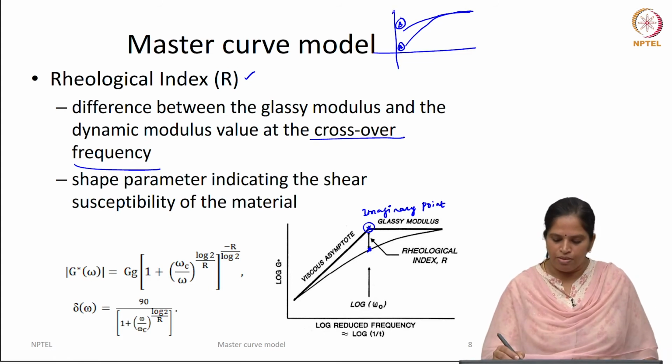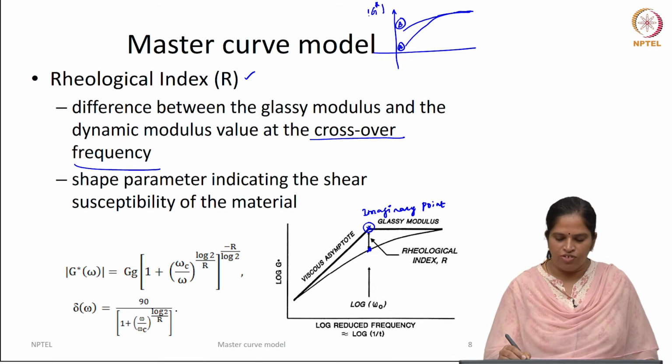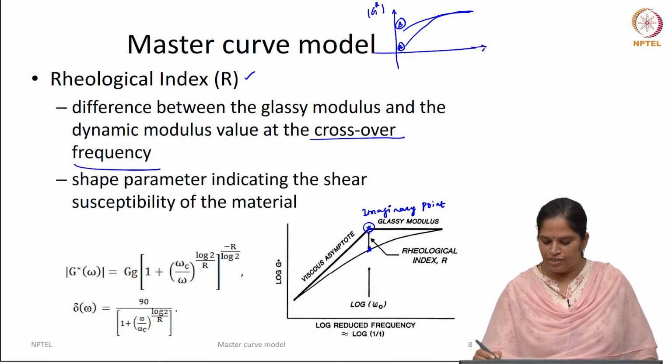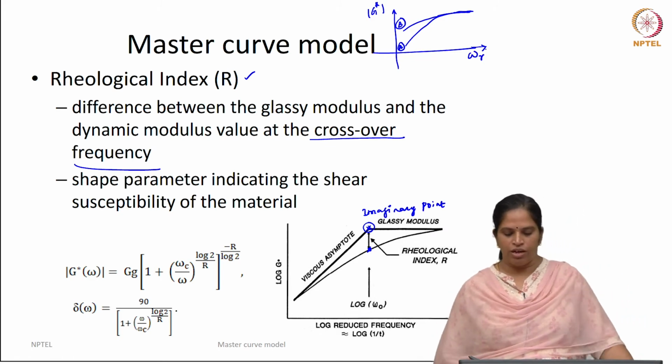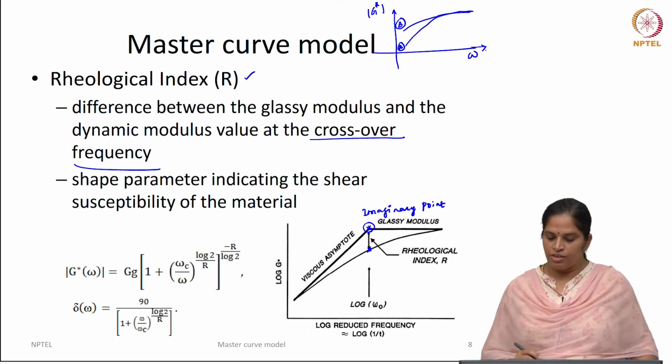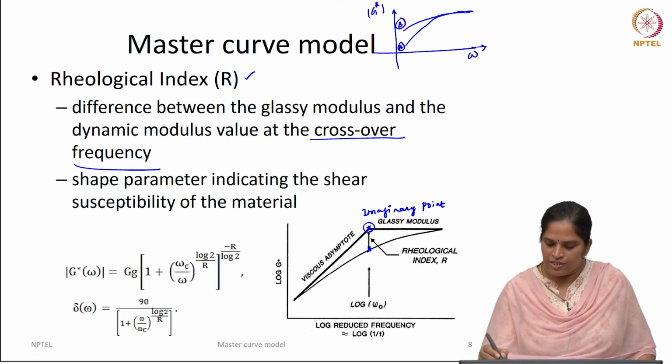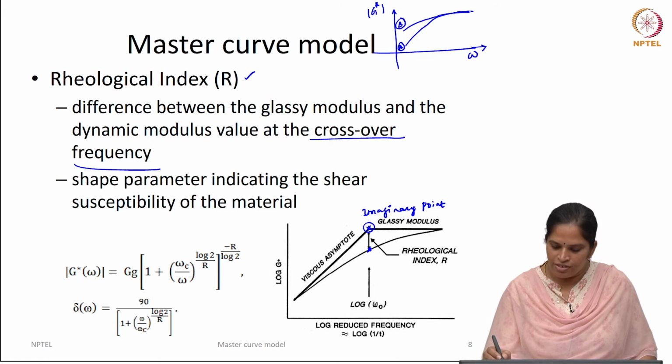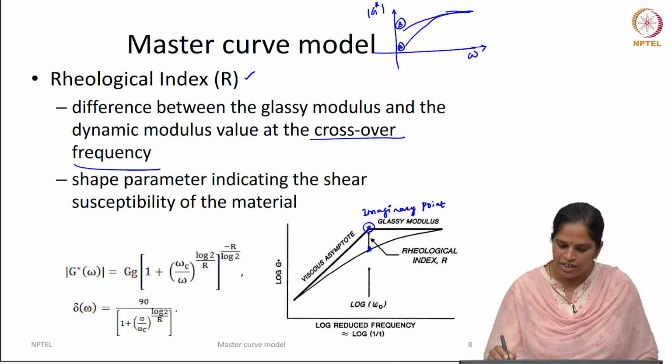So we have a modulus here. This is a master curve for the dynamic modulus, and this scale is reduced frequency. Let us denote it by omega r, or here it is omega. Now this is the glassy modulus. You have a glassy modulus straight line, which will be like this.